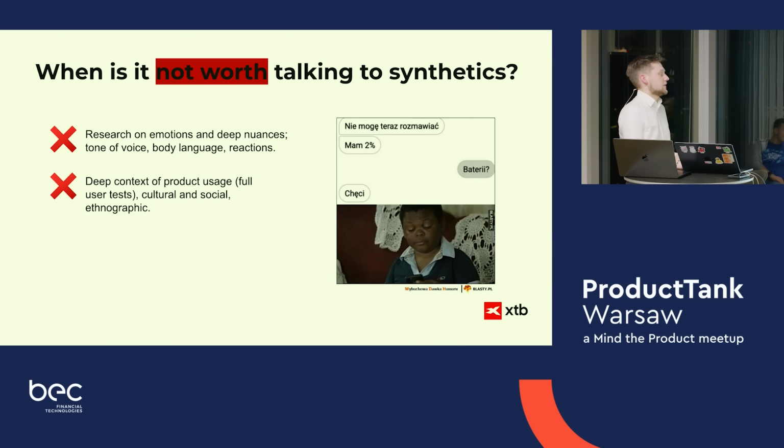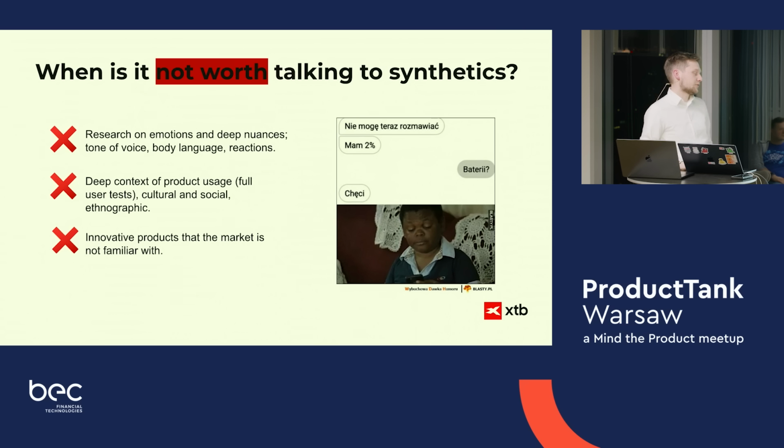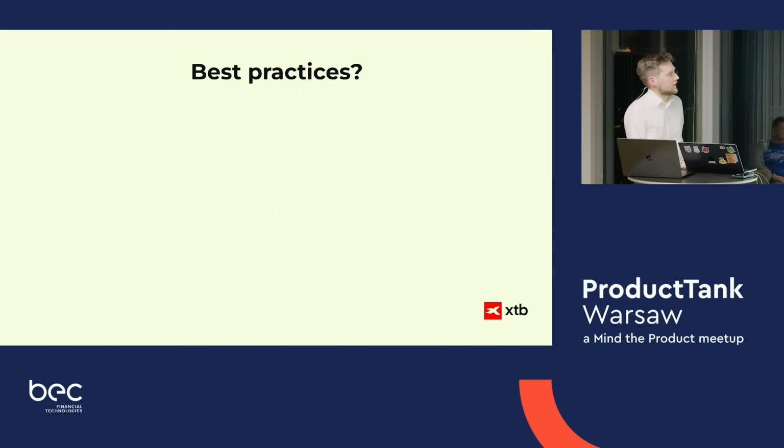When you try to understand deep context of product usage, like a full usability test, some cultural and social aspects, or maybe ethnographic research, so if you want to see their real usage in a real environment, how people interact with your product. And of course, if you're building a startup or a venture, and you have innovative products that no one is using, it also might not be a good idea to use synthetic personas.